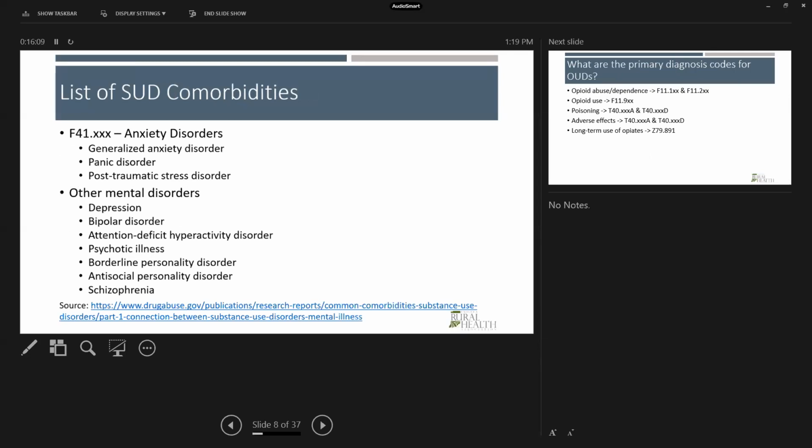So here's a list of just some. This is not exhaustive. I didn't include all of them because there's a lot. There are naturally many comorbidities associated with SUDs. For this example, what I've seen within my own work, I've seen a lot of anxiety disorders, and anxiety falls into the category of F41. So anything starting with F41 is anxiety.